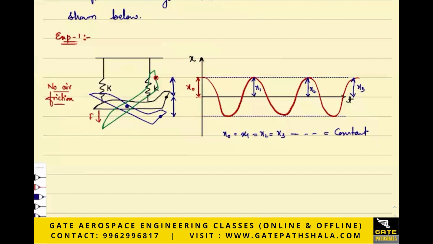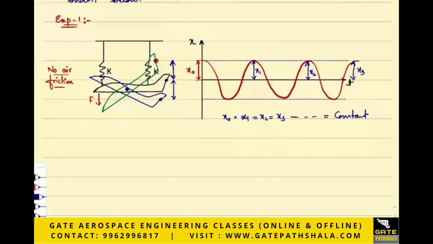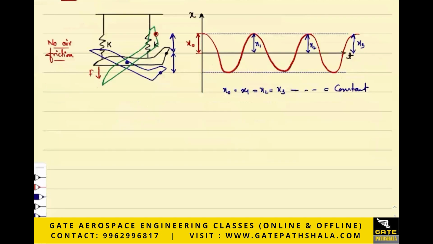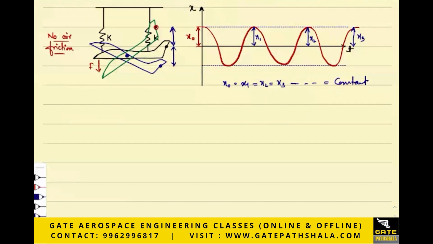What else can you say? Is it statically stable or unstable? Stable. Statically stable. Correct. For example, as a prerequisite for checking dynamic stability, when you check whether the airplane is dynamically stable or unstable, it should be statically stable.